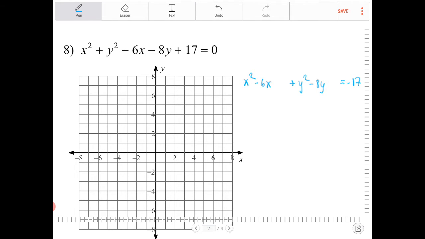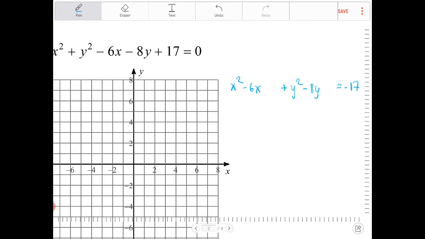So what I need to do is complete the square based on this. In order for me to complete the square, I will need to halve the middle coefficient, which is 3 (half of 6), and square it, which is 9. I'm going to add 9. And with the y part of the left side, I'm going to need to complete the square again. Half of 8 is 4, and 4 squared is 16.